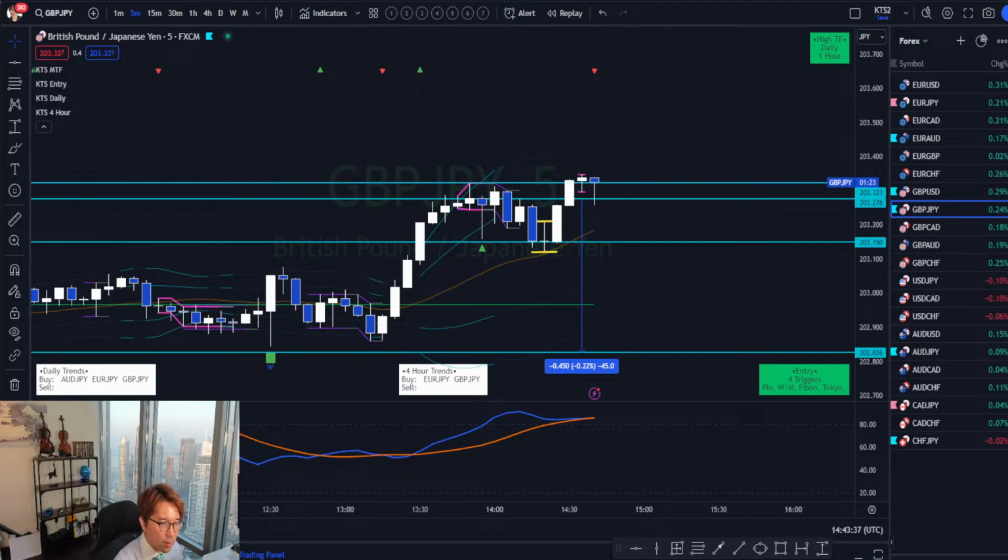Navani says, can we hold the trade until the 5-minute chart breaks the previous resistance of 203.008, or exit if it breaks the 5-minute bearish doji? Yeah, you can keep holding the trade until the M5 chart breaks the previous resistance of 203.008. 008 is down here, oh, all the way down here, sorry.